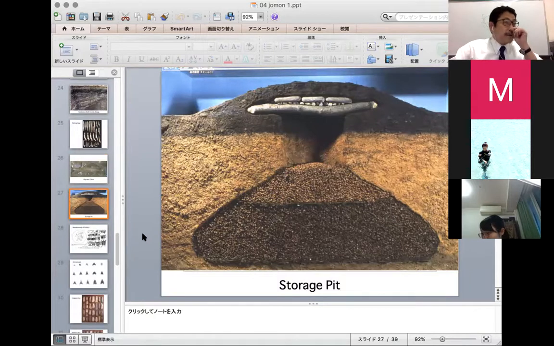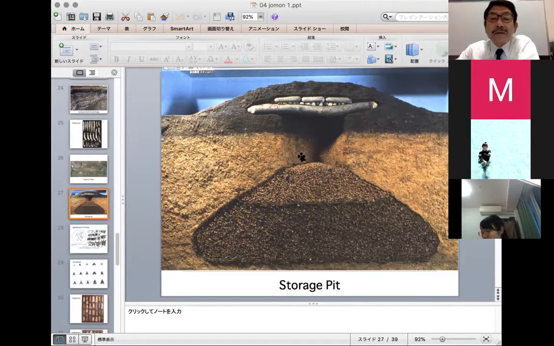So they only had this drying method, or maybe a little bit of smoking of the meat. But in Jomon time, they invented so many methods of preserving food. And the storage pit is one of the major ones.